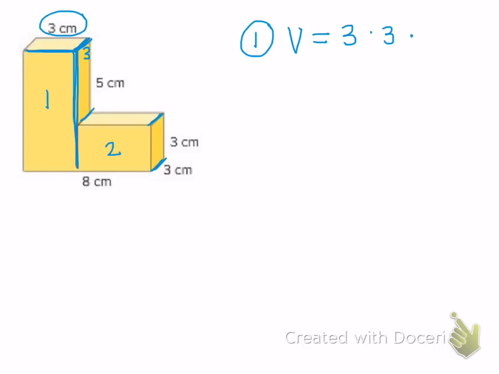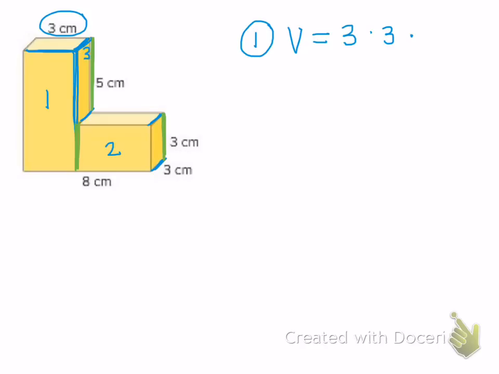The height was a little bit trickier. I had to look at the fact that this is 5. This piece right here is 5. Let me use a different color. This piece is 5. And then I needed to know what this piece was, so I could add those together to find the total height. I see over here that it shows me that that piece is 3.